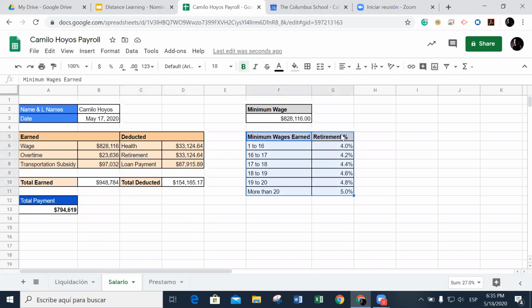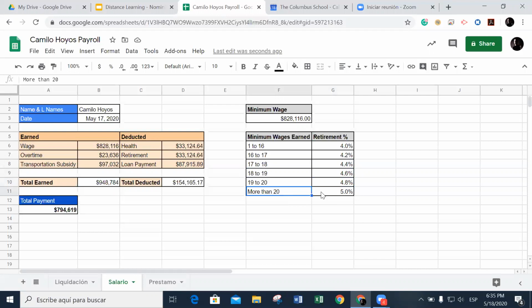It's telling me that if this person earns from 1 to 16 minimum wages, then they have to pay 4% towards their retirement. If they are earning 16 to 17 minimum wages, then they have to pay 4.2. 17 to 18 is 4.4, 18 to 19 is 4.6, and 19 to 20 is 4.8.